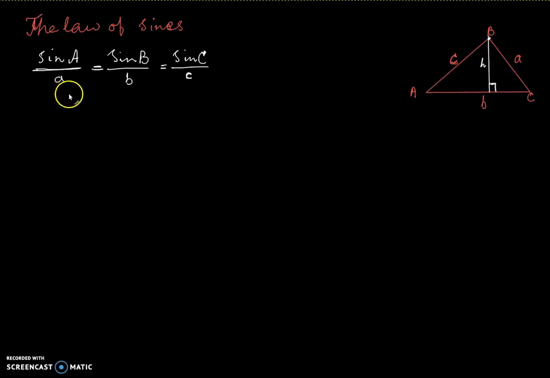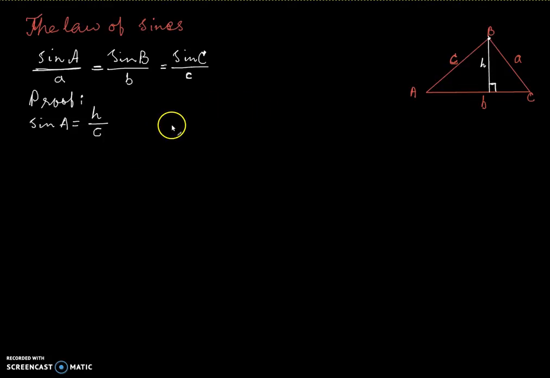So the proof is, if I want to calculate sine A in the left triangle, sine A would be equal to opposite by the hypotenuse, which is H divided by this side, which is c.